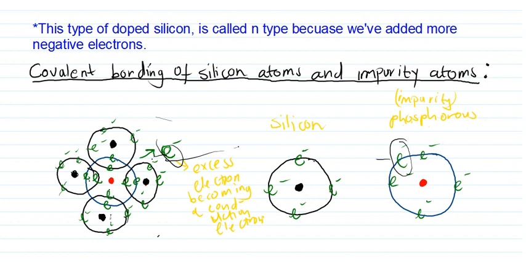And the fifth one from the phosphorus is moved into the conduction band because it has no bonding partner. This is the excess electron becoming a conduction electron because it does not have a bonding partner and it is no longer part of the bonding process.